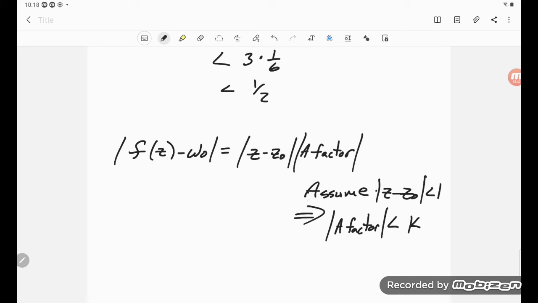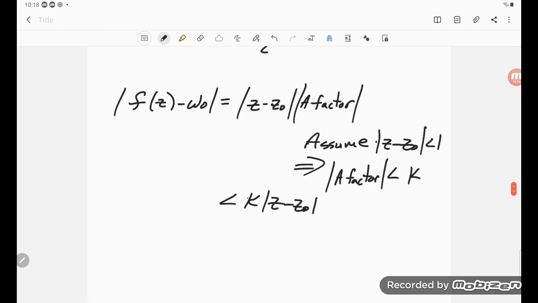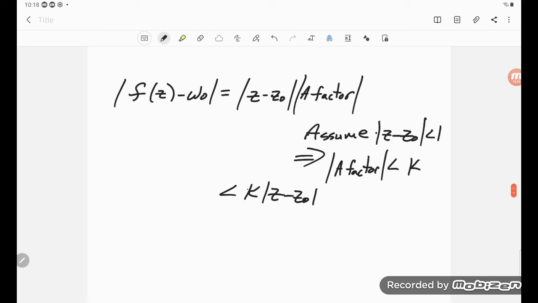And so then what happens is we get less than k times z minus z0, and then that's actually less than k times delta.